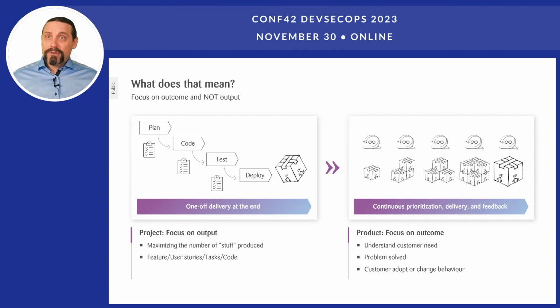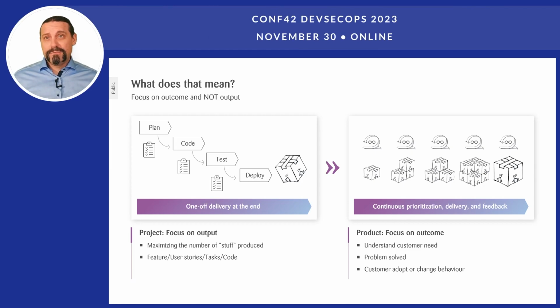So I want to have these 10 features in a half year for, let's say, 200,000 euros. This is a project. So a project is focused on output, maximizing the stuff that gets delivered: features, user stories, tasks, and code. On the other side, we have the product.